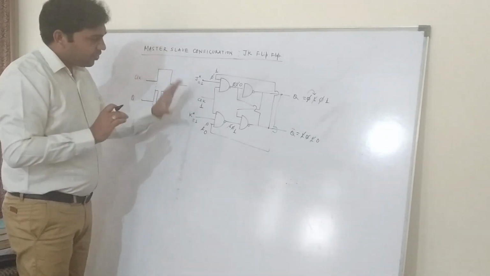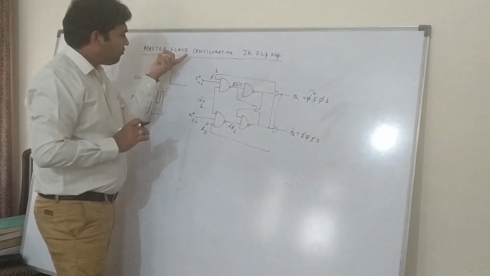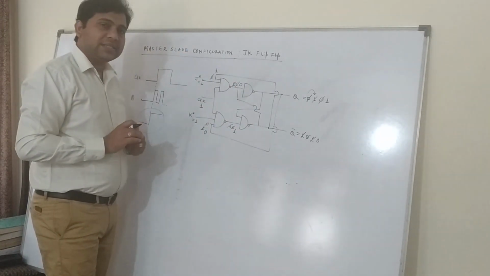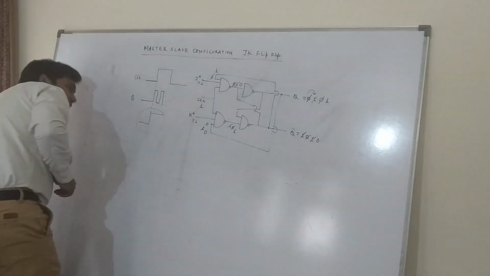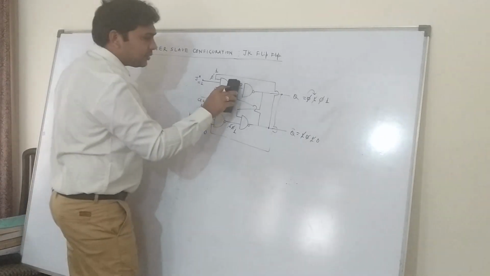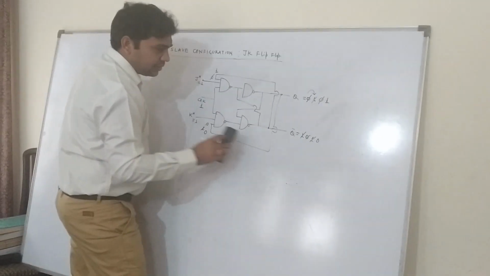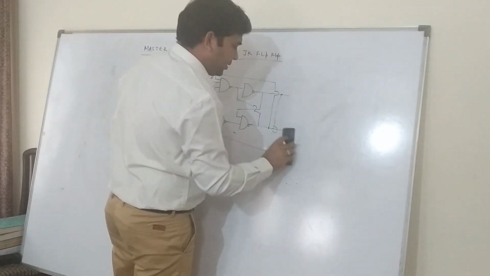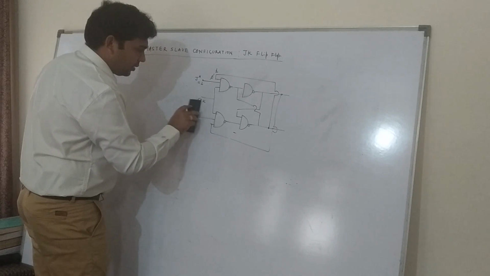Now, after remembering how the racing is happening, we will understand the concept of a master-slave configuration. In a master-slave configuration, let's say you have something like this.